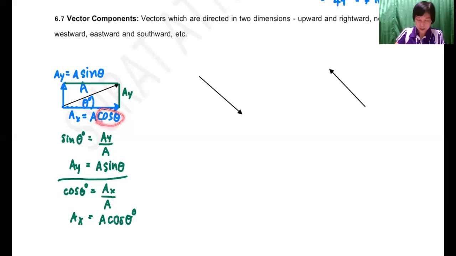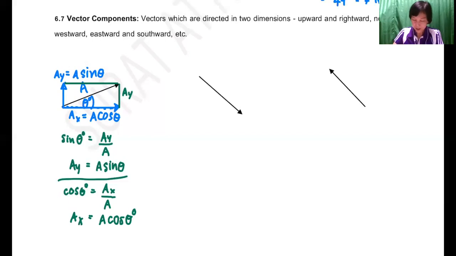And the component that is far from the angle we are considering equals the magnitude of the original vector multiplied by sine theta.